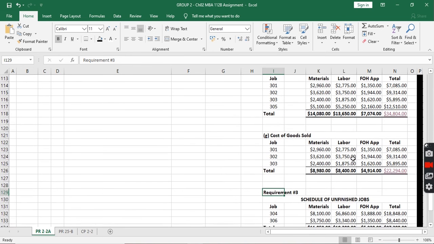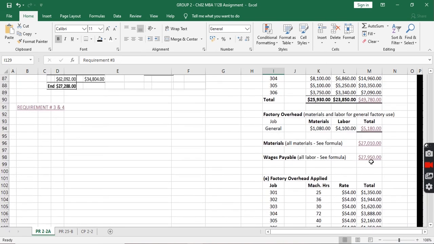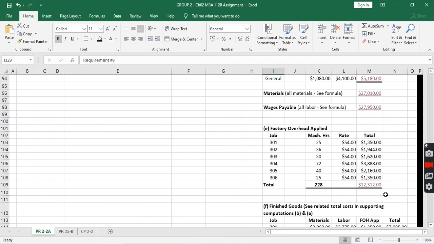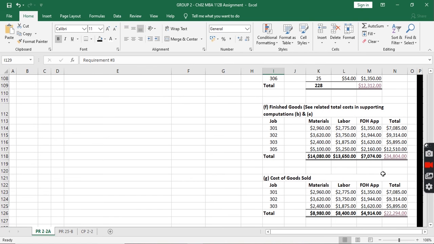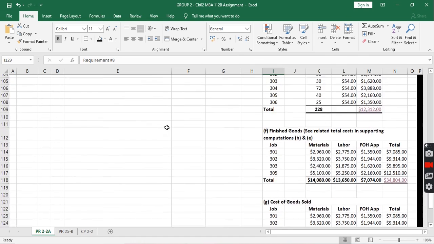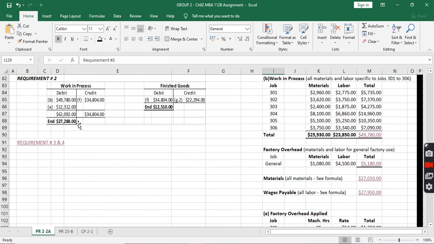So we simply have to import their information on materials, labor, and factory overhead, which can be seen in this table and in this table. This should give us a total of unfinished goods amounting to 27,288, which is equal to our ending work in process inventory as shown in our T account.